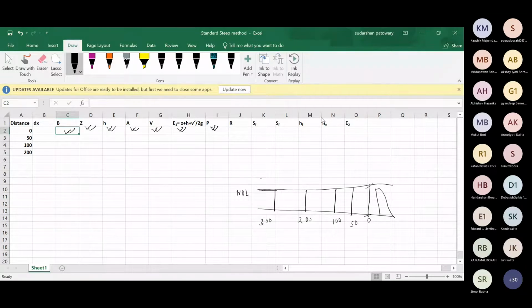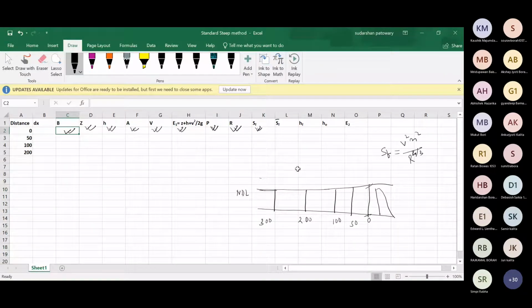Wetted perimeter is known, R is known, and SF you can calculate by Manning's equation. SF is equal to V square n square divided by R to the power 4 by 3, where V is equal to 1 by n R to the power 2 by 3. By this formula you can calculate SF. SF is known, but SF bar is not known. This is your SF bar.